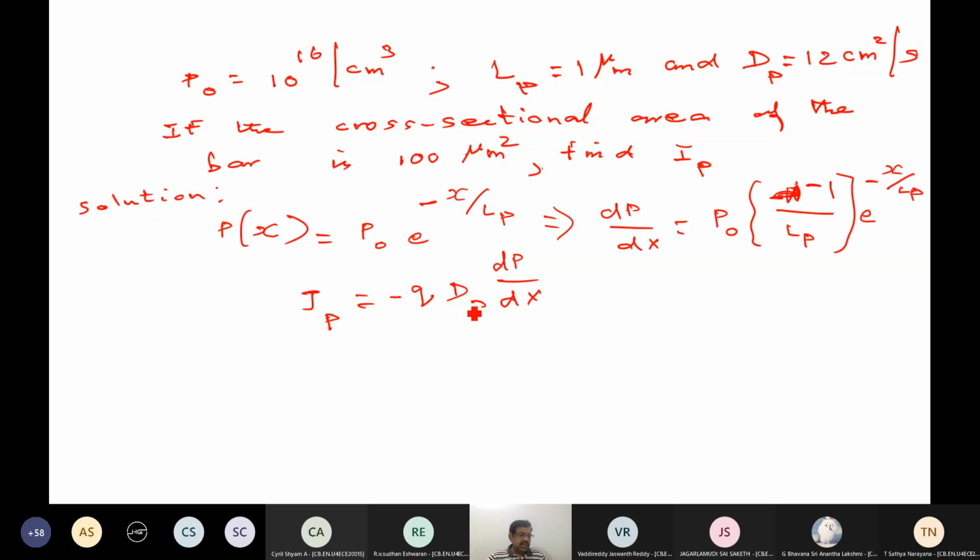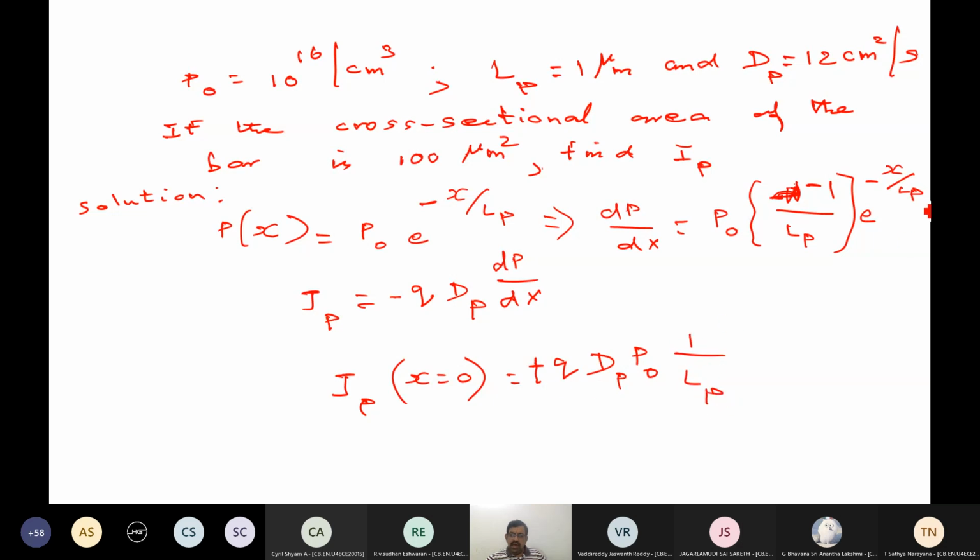Now JP, the current density at x equal to 0, will be minus Q Dp. You substitute all of this: P naught, and there is a negative, so it becomes positive, P naught by LP.